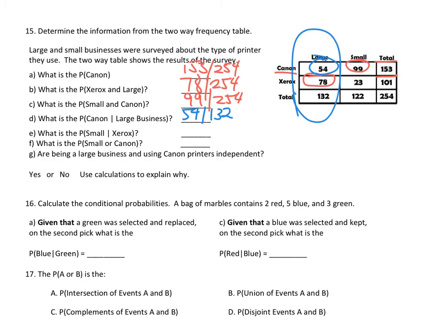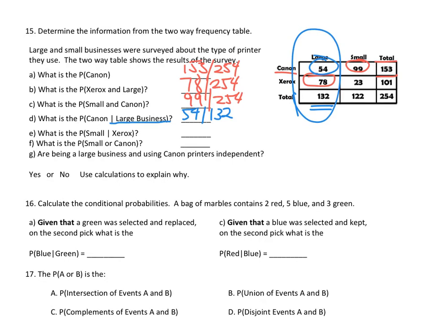So notice that for this problem, we're finding the conditional probability, and it's out of the total. The total is now the large business of 132 instead of the prior total, which was 254.